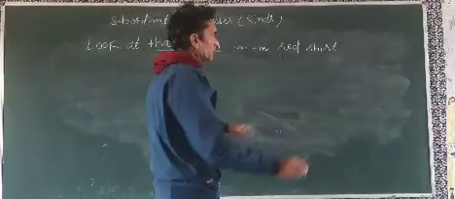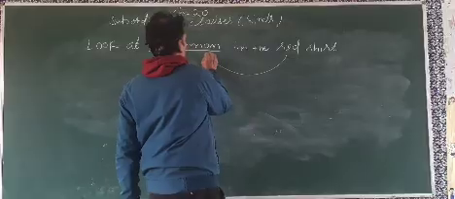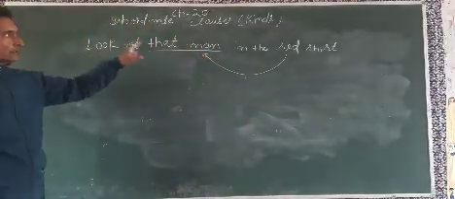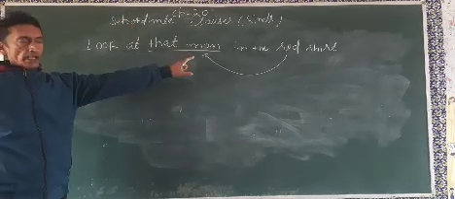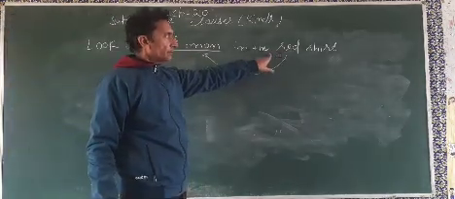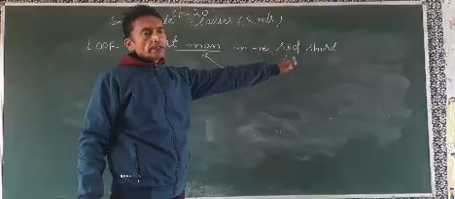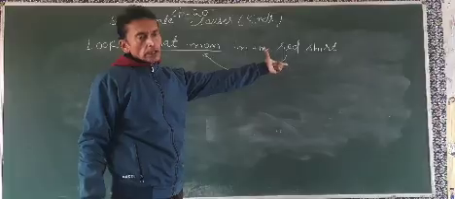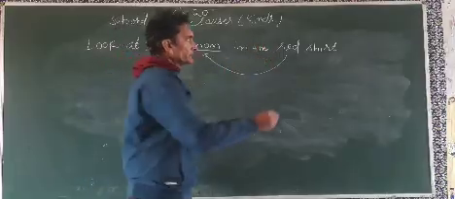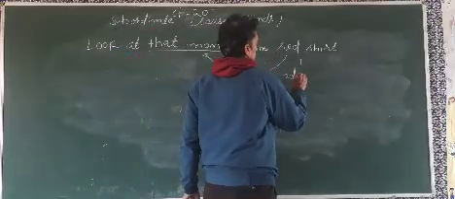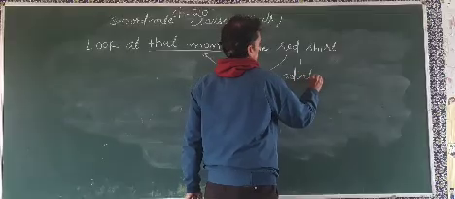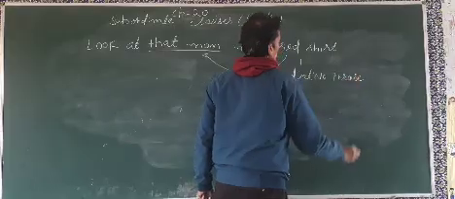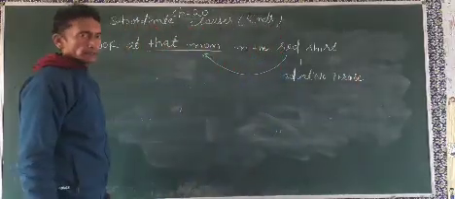Why is this an adjective phrase? Because this is describing a noun phrase, that man. And it is a phrase because it does not contain any subject and predicate, not containing any finite verb. That is why this is a phrase. This is not a clause. We can call it an adjective phrase.